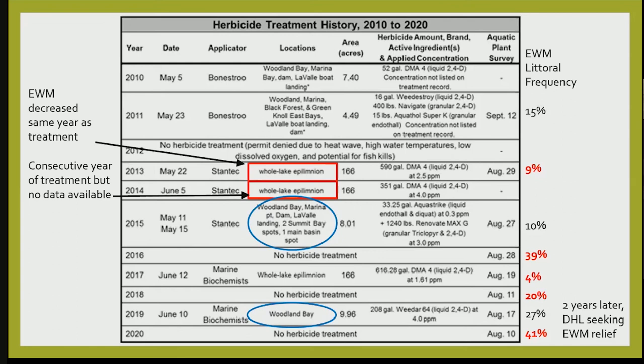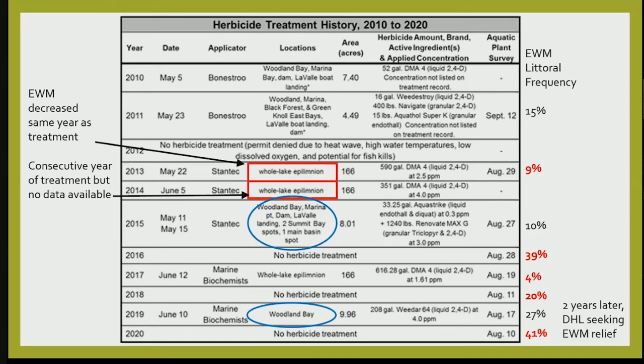A consecutive year of treatment was done in 2014 on a whole lake scale, but unfortunately there's no data available for that year. Even though we're trying to focus on the whole lake treatments, I've circled in blue some of the smaller treatments that have occurred.